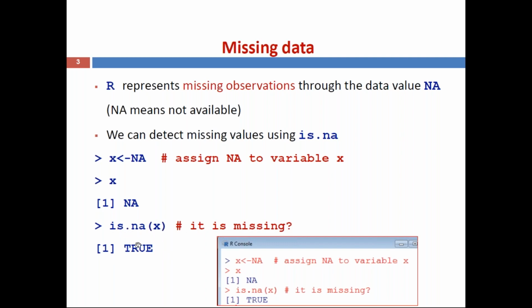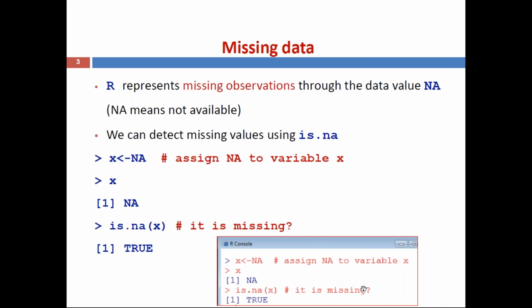Why TRUE and not FALSE? The reason is that x was defined as NA, not available, that is empty. So x does not contain any value, and missing values are there in x. Therefore is.na of x gives TRUE.